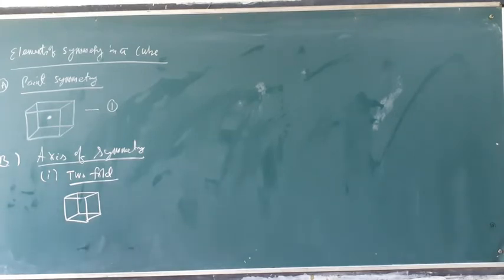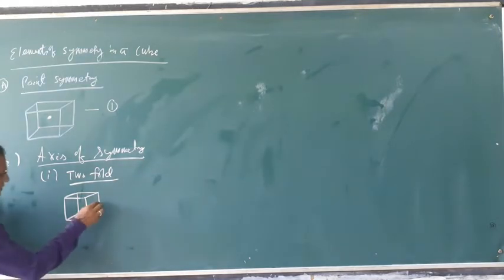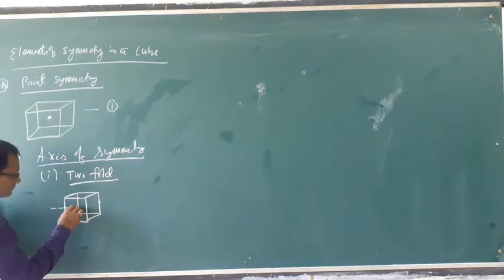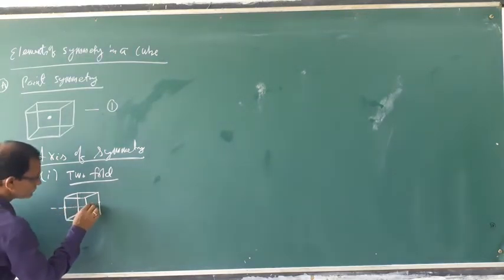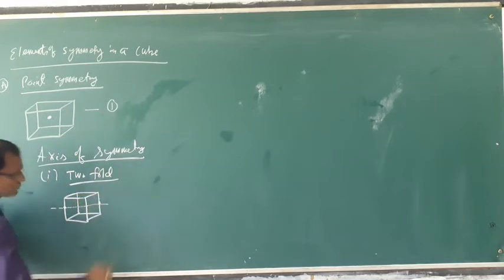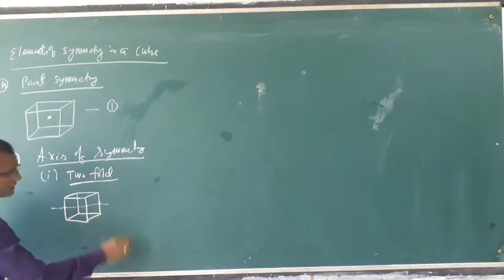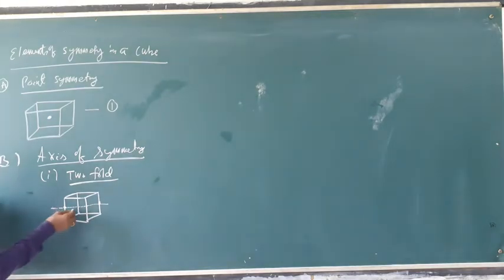In twofold you have to take the edge. This is the middle of the edge. Just join at this point.